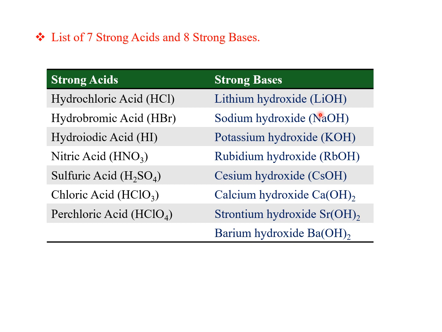Now on the right-hand side, strong bases. What are the strong bases? It is easy to remember if you refer to the periodic table. Group 1 elements: lithium, sodium, potassium, rubidium, cesium, and group 2: beryllium, magnesium, calcium, strontium, barium.